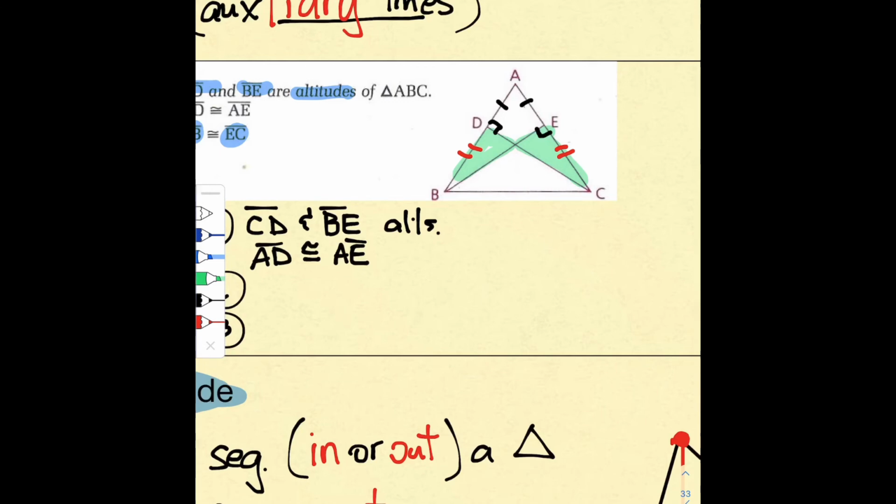There isn't any way to get those two triangles congruent to each other without using something that we don't know yet. We could try to get, for example, this triangle congruent to this triangle. They're kind of overlapping triangles, and it's hard to see them. But those also would be very difficult to prove congruent, not with the tools that we have.